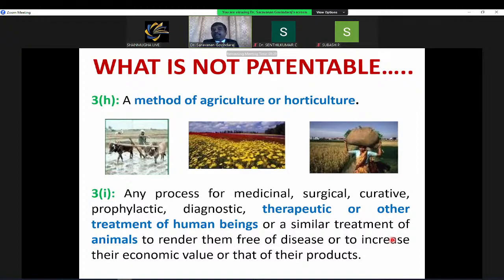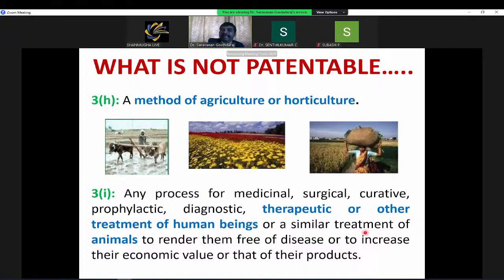On 3(h), according to that section, any method of agriculture or horticulture is non-patentable. So if you find any new method of agriculture or horticulture, are you able to protect it with the Patent Act? No, it is not.